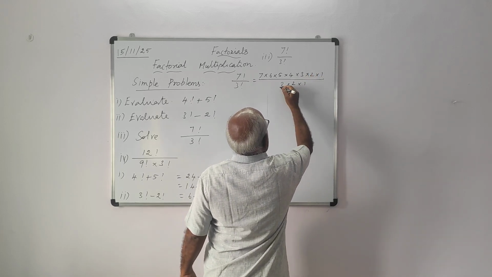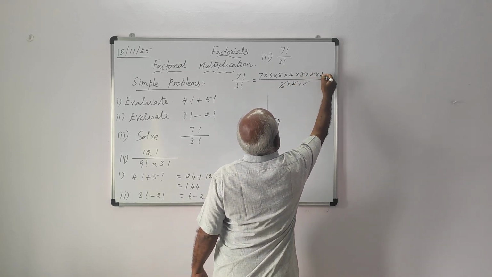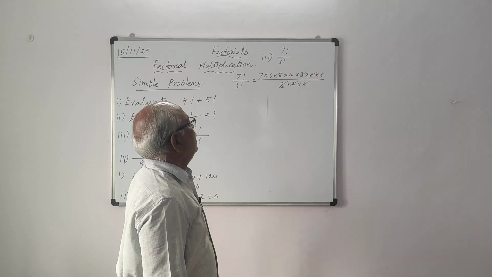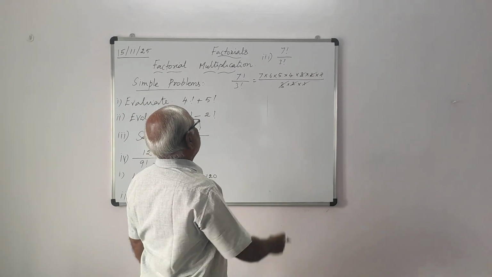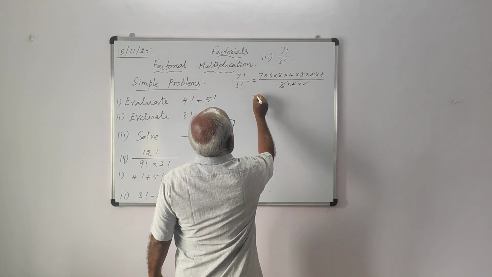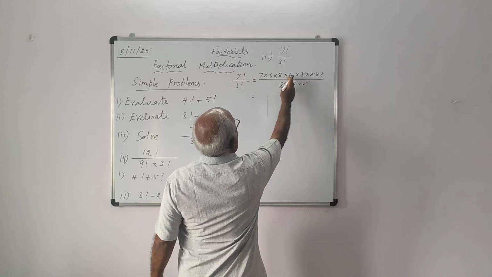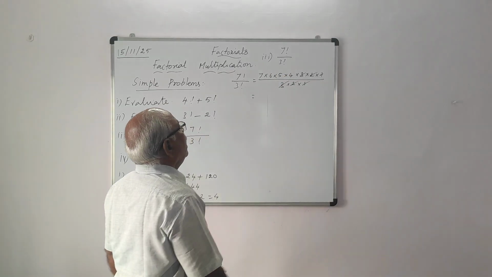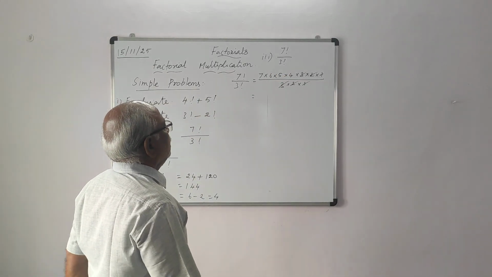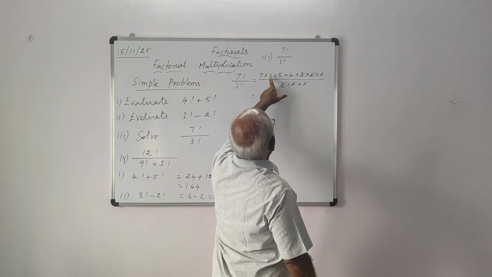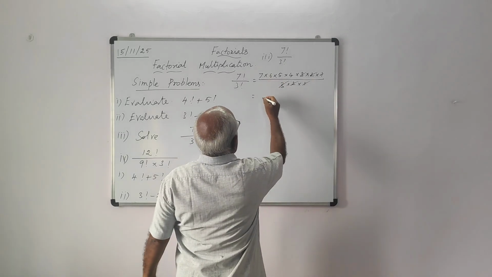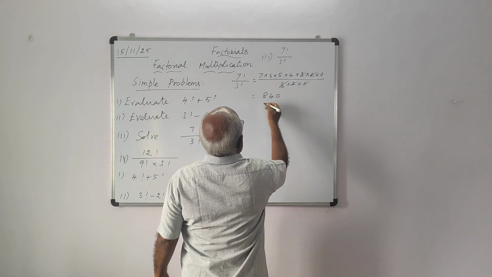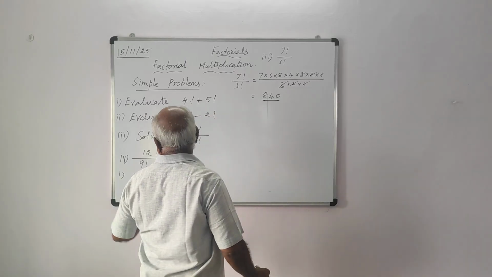So 3, 2, 1 are cancelled in both the numerator and denominator. You will just get the answer. What is that? 5 fours are 20, and 20 into 6 is 120... 840. This is the answer for that.